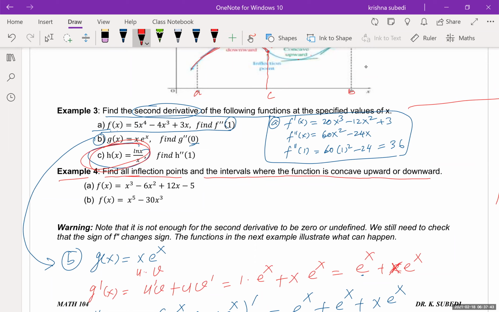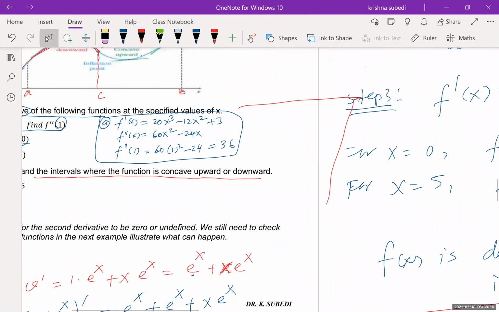You need to memorize this, guys: an inflection point occurs when the second derivative is 0 or undefined, in the same manner as we discussed in the previous lecture, part 1. Same thing. Now, in order to do example 4, let me just copy this question, 4a. We'll do 4a together, and part B you'll do by yourself, okay? So let me just copy the question.